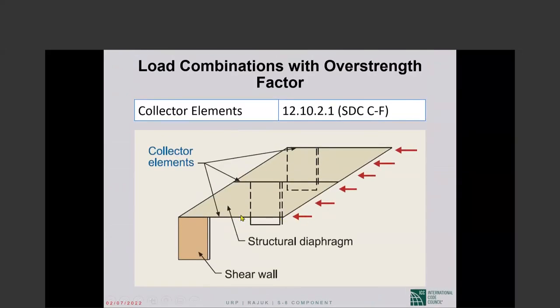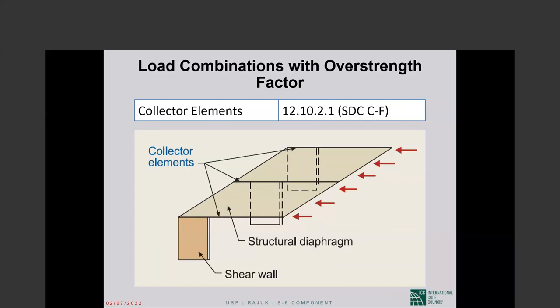You have to have something, a beam or at least a bunch of reinforcing bars, that will collect the shears and then deliver them to the shear wall. And that element, the bunch of reinforcing bars or the beam, is a collecting element. They are collecting the shears and delivering them to the lateral, the seismic force resisting shear wall.